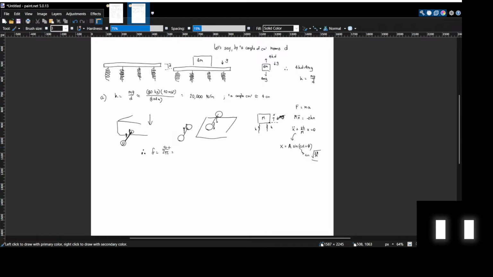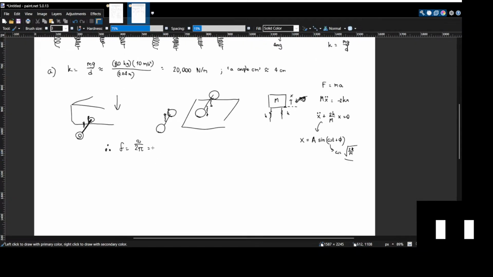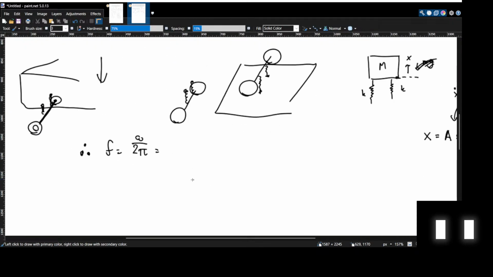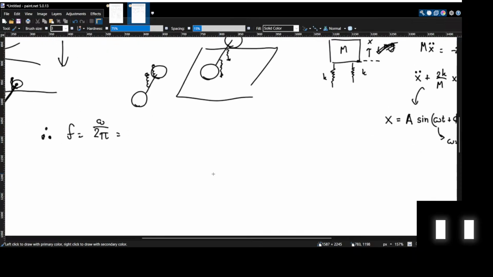Angular velocity is how fast it goes around, and because one turn is equal to 2 pi radians, the value of angular velocity must be higher than the value of frequency, because you have to run around 2 pi radians before you get one rotation.